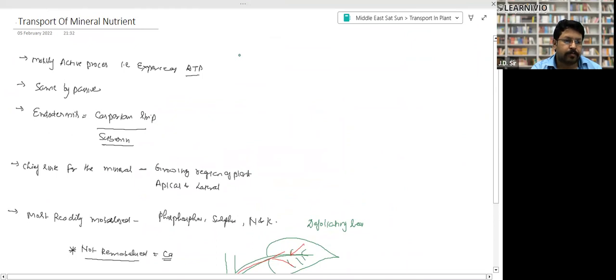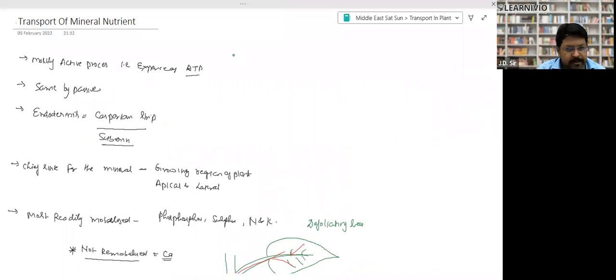Look, how does the transport of mineral nutrients take place? Very, very important question.